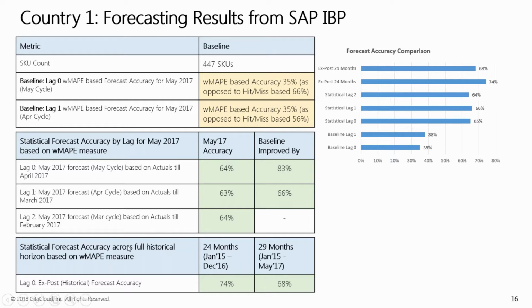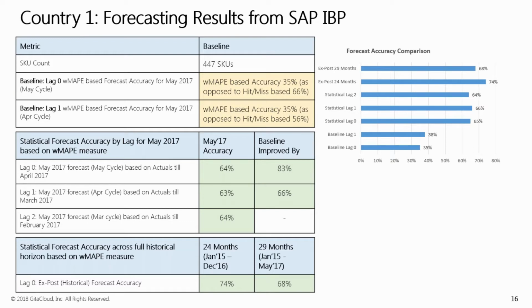So to present a quick snapshot of the overall forecast accuracy across the entire timeline, starting from January 2015 to May 2017.